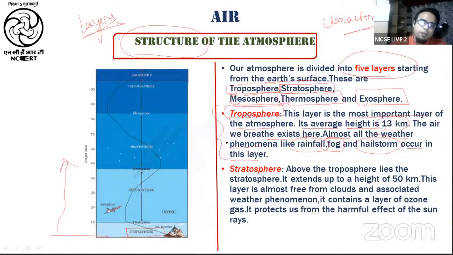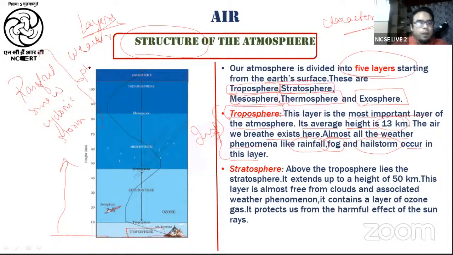This point is very, very important. If I have to talk about rainfall, snowfall, cyclonic activities, storms, all these are nothing but different types of weather phenomena. Always remember, all these weather phenomena, rainfall, snowfall, cyclones, storms, are confined in the troposphere only.